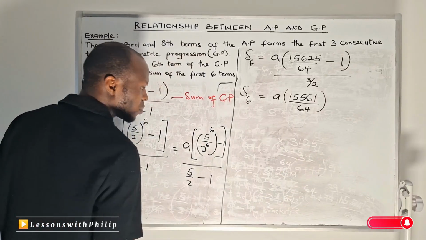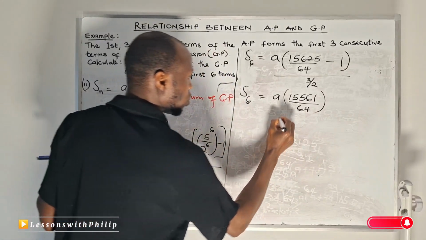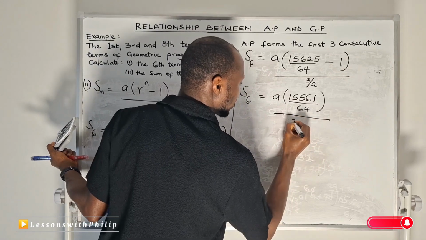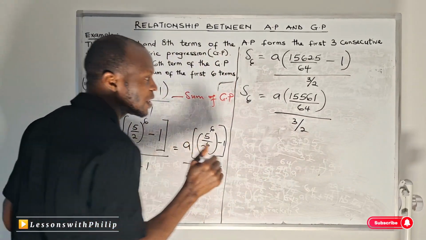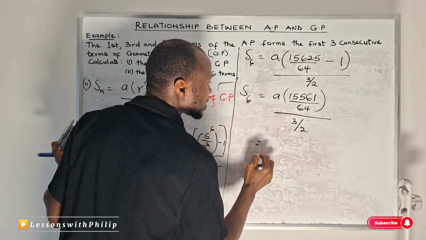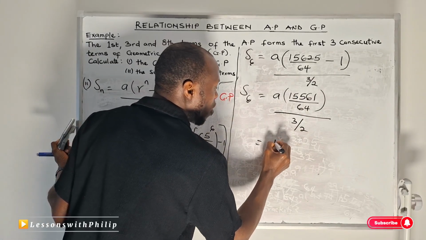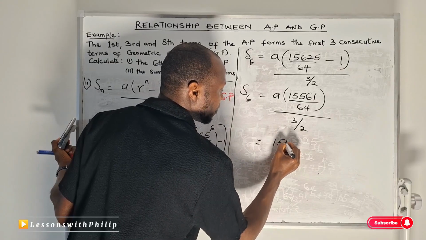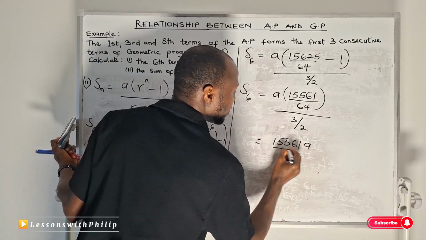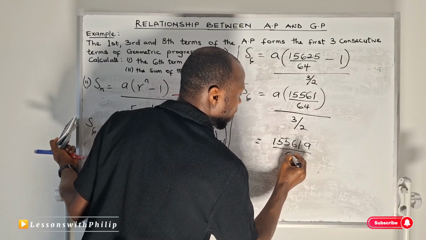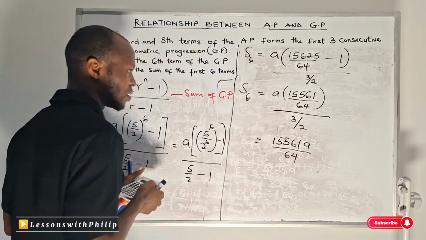All divided, don't forget, it is all divided by 3 over 2. All right? Are you following me? Now, this is the same thing as, if you open this bracket, 15561A divided by 64. Okay? If you open this bracket, all right?